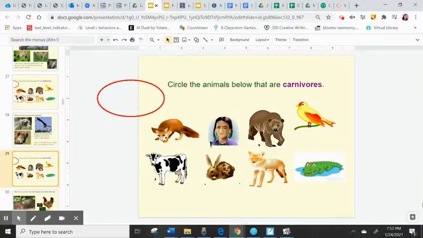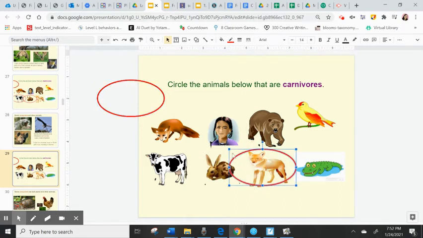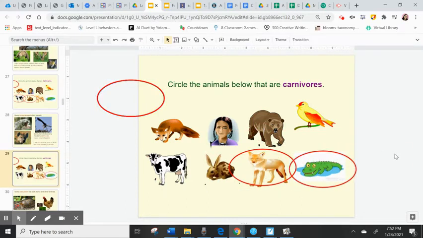So now let's circle the animals that we think are carnivores. Take a second. Look at the animals and think which animals only eat meat. Okay, if you said that the dog, jackal, coyote maybe, and the alligator only eat meat, then you are correct.